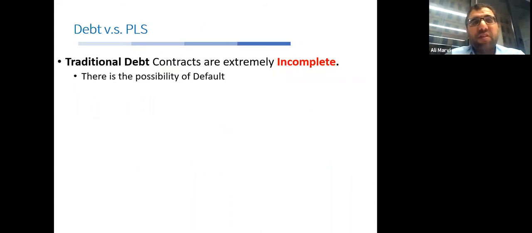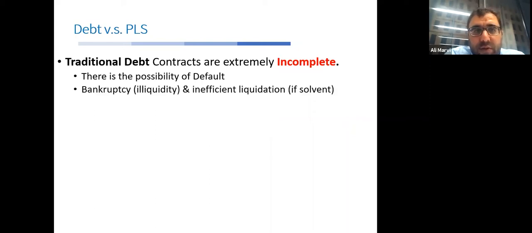But we know that the traditional debt contracts that are so common in conventional banks are extremely incomplete, and the possibility of default is really high. That's the reason that the regulation of the banking system is so complicated and such hard and tough work for central banks.